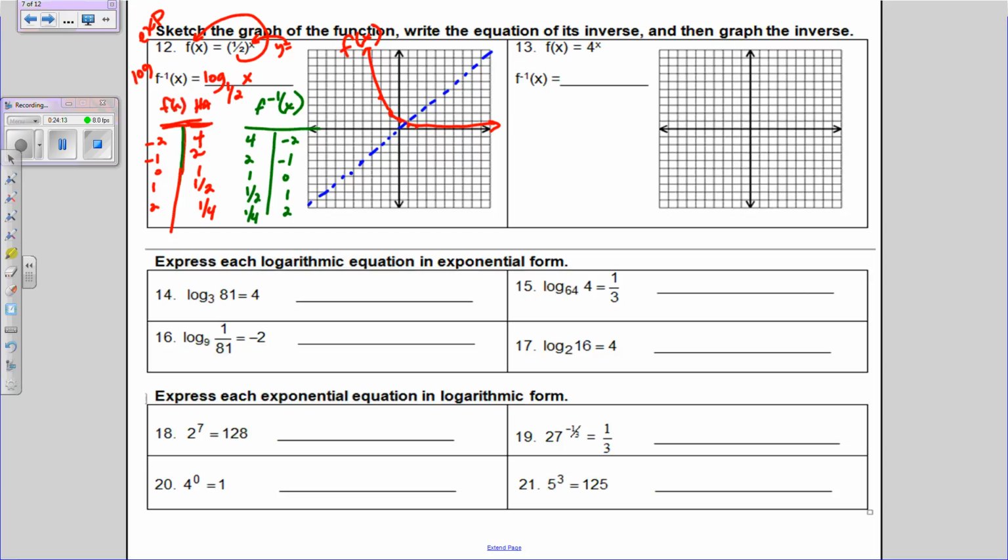So go forward 4, down 2, forward 2, down 1, 1, 0, 1/2 and 1, and 1/4 and 2. And then remember, it has a vertical asymptote, so we want to get real close to the y-axis on this one because it's a log, but don't cross it. And I should have made that look a little flatter so they look like reflections of each other.